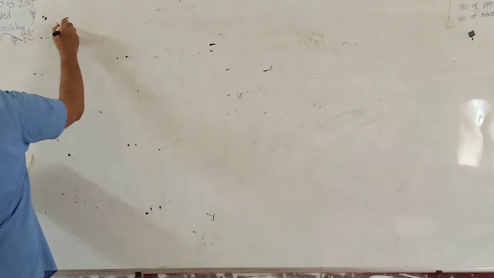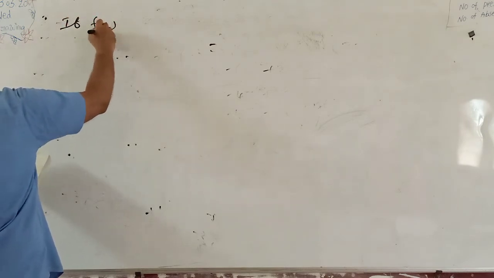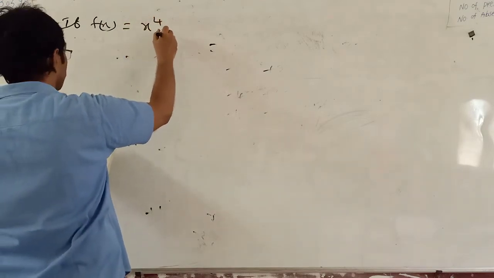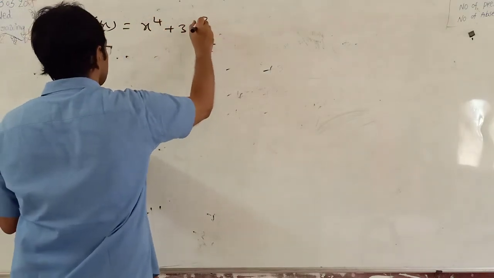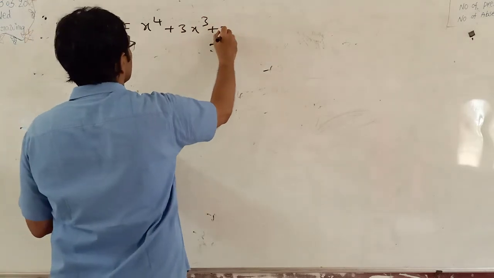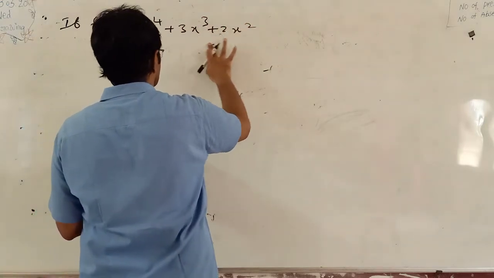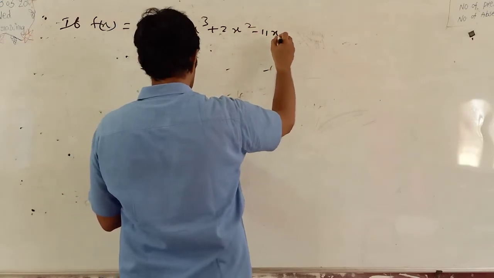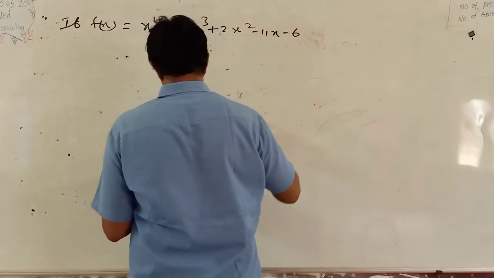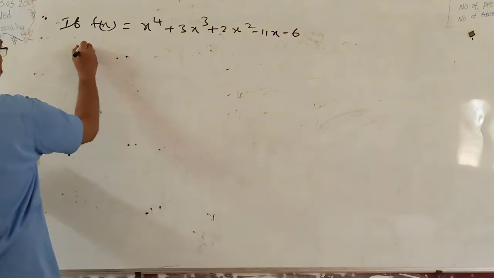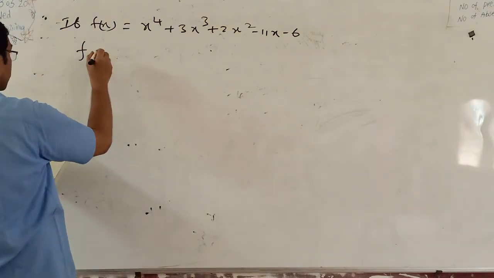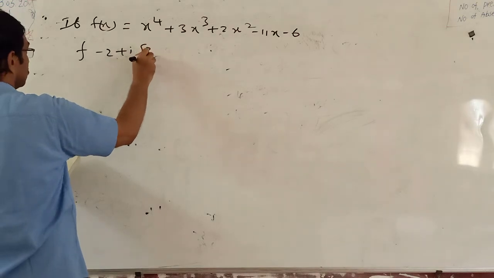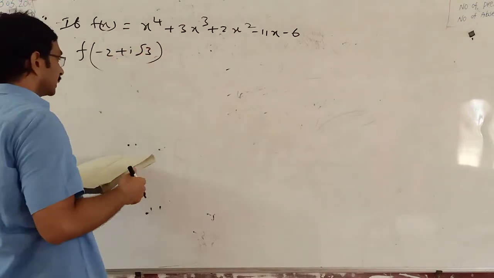See, if f of x equals x power 4 plus 3x cubed plus 2x squared minus 11x minus 6, then find the value of f of minus 2 plus i root 3.